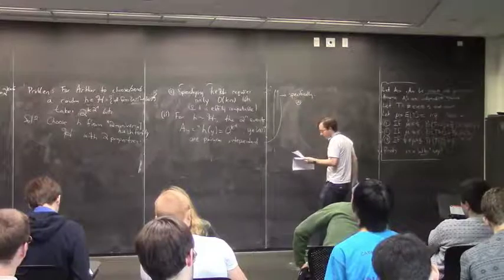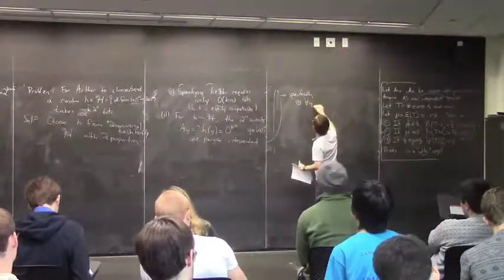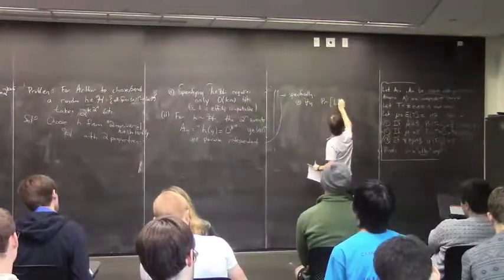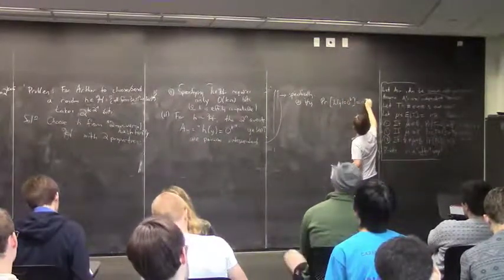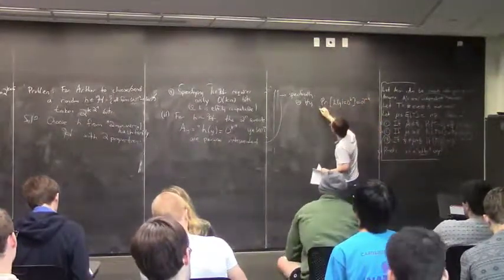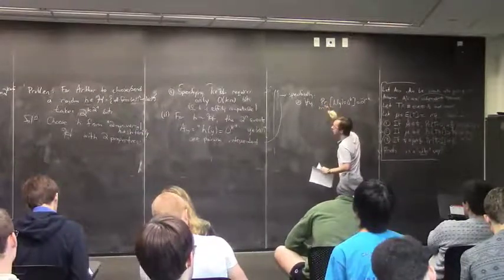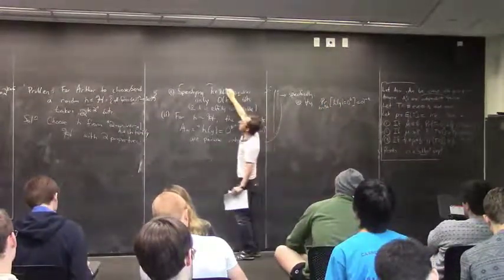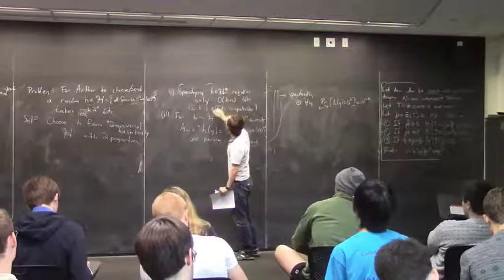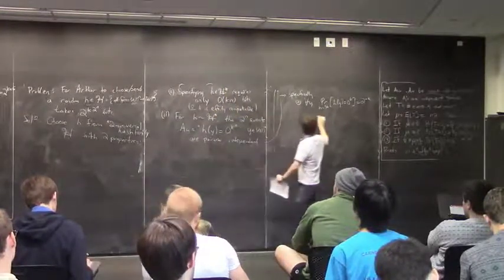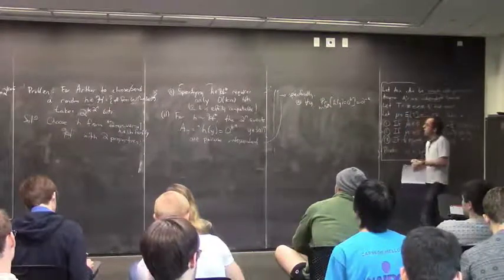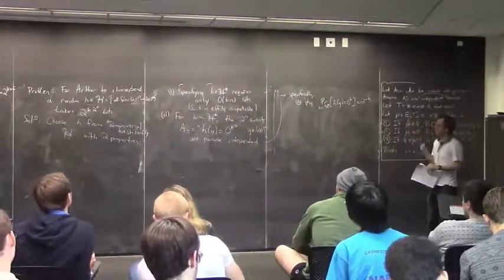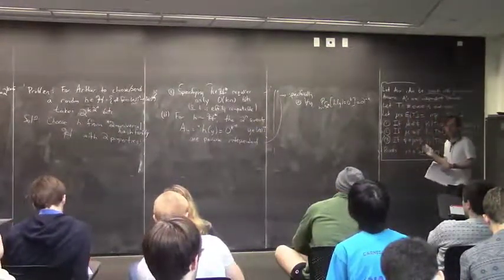I'll call it A: for all y, the probability that h of y equals 0 to the k is what we expect, 2 to the minus k. And this is with h chosen from this family, which I'll call h star so I don't confuse it with this h. We choose it from this special family. Every string, when h is chosen from the random family, has the right probability, 2 to the minus k, of going to all zeros.